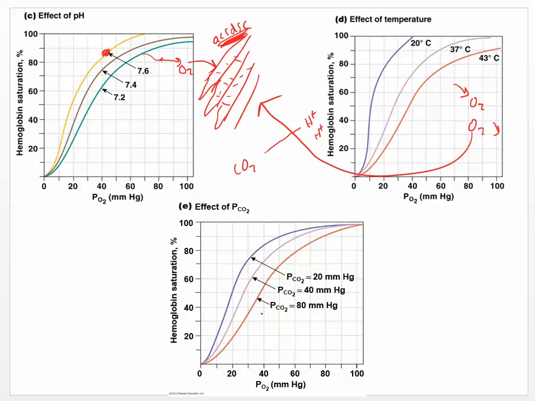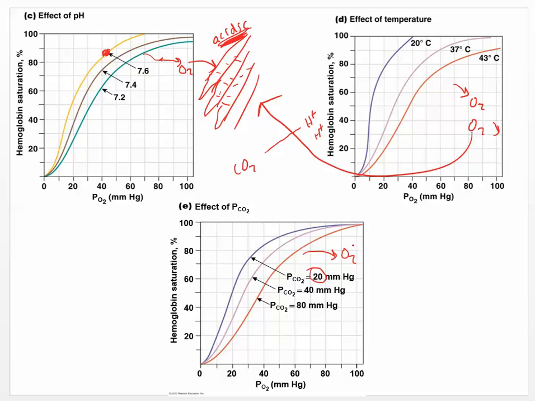And then there's one more thing. Look, the amount of carbon dioxide. When the carbon dioxide levels are low, the hemoglobin says, I'm going to keep it. However, when the carbon dioxide levels are really high, again, your hemoglobin says, you know what? I don't care about that oxygen.